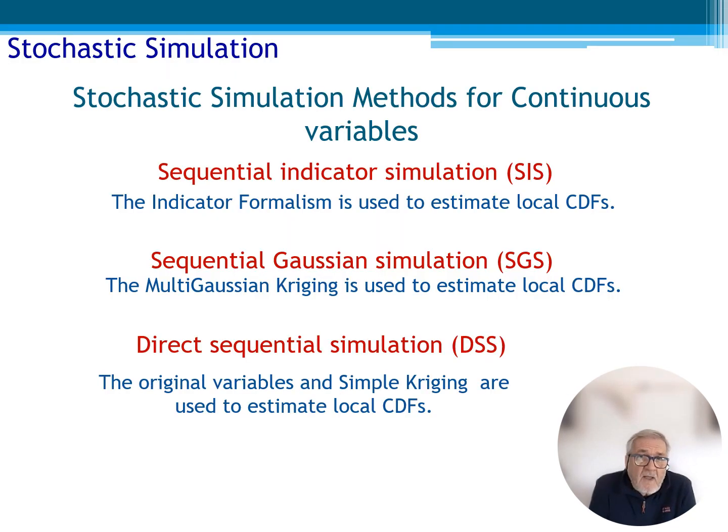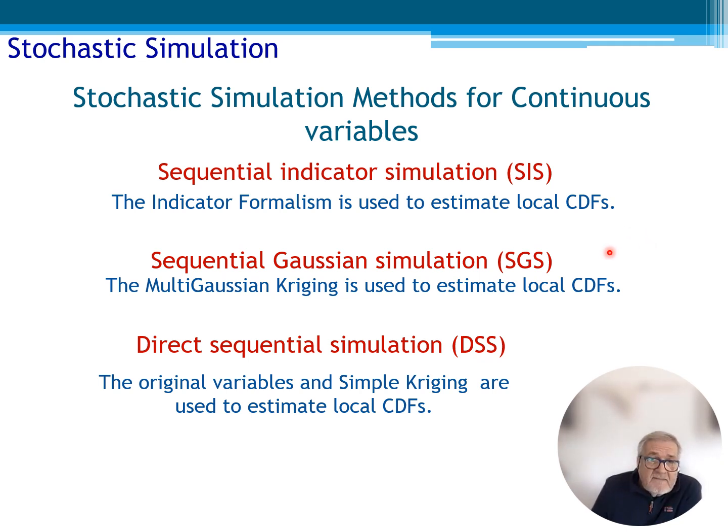The methods that we are going to see are based on the sequential approach, as we have seen in previous lecture. And there are basically three methods. The sequential indicator simulation, which is based on the indicator formalism to estimate the local conditional distribution functions.